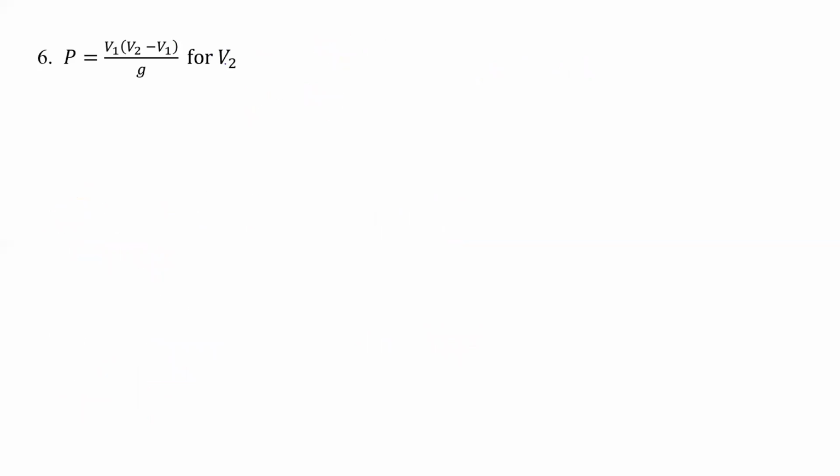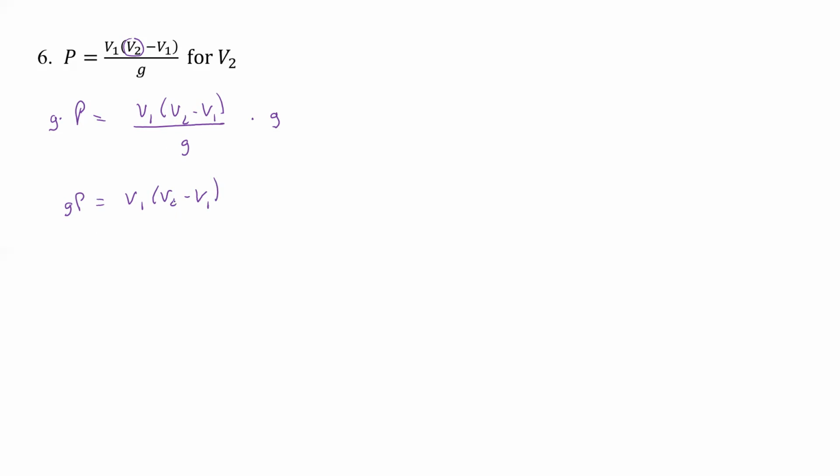All right, what about this one? This one looks like it's going to be a little more complex. We want V2, so we want this piece here by itself. That means we have to get rid of that G first, so then we can start doing other stuff. So let's say we have P equals V1 times V2 minus V1 all over G. If we multiply by G, that's going to cancel it there, and on the other side we get GP.